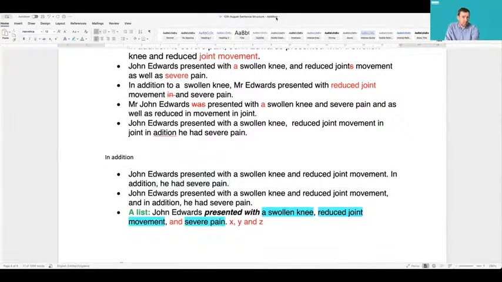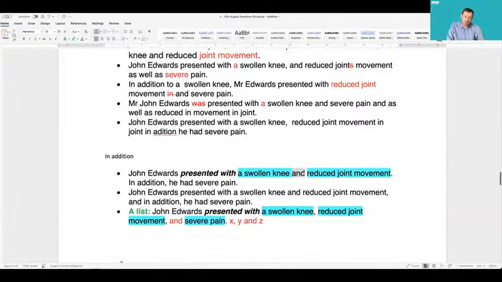So what you've got is presented with, there's our verb, a swollen knee and reduced joint movement. That's 2 items. They are 2 units in the list. That's one list with 2 units. When there are only 2 units in a list, you just combine them with and, or as well as, that would work, or along with.